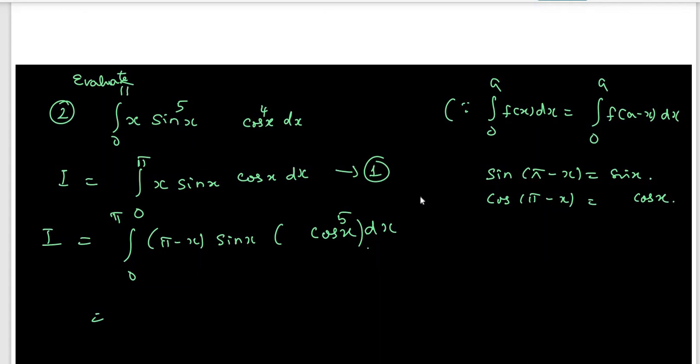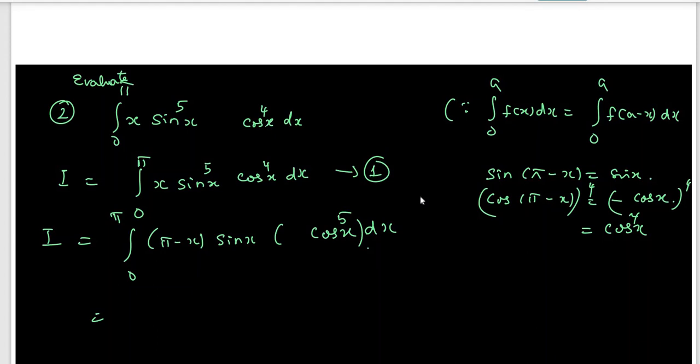So when you make use of that property, you have x sin^5 x cos^4 x. In the previous case we had only sine, in this case we have cosine also. So cos of pi minus x is minus cos x only, but since it is raised to the power 4, you will get back the same. So nothing happens, and we can make use of this.